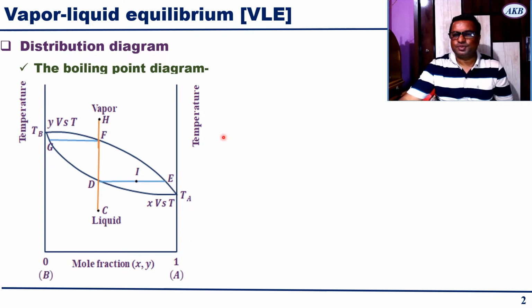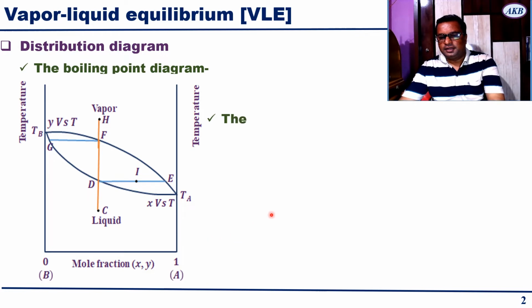In our discussion we considered a binary solution of A and B in which A was more volatile, and for that binary system we discussed this boiling point diagram.